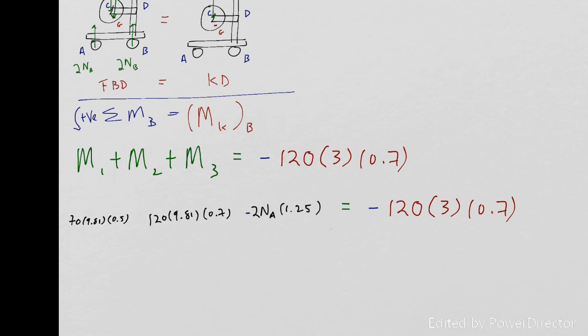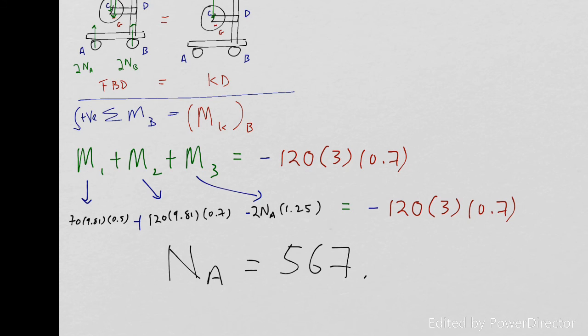They will be arranged in such manner. Positive, positive, then negative. If you look at this mathematical expression, we only have one unknown. That is NA. So very obviously, we can get our NA using a calculator. Roughly you will get 567.7 Newton.